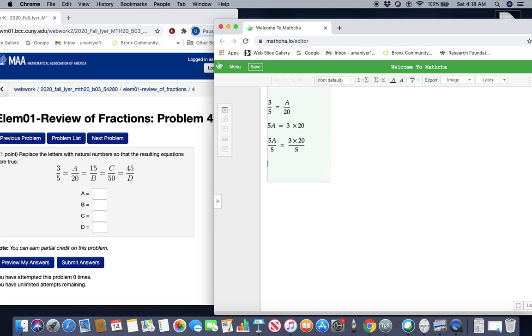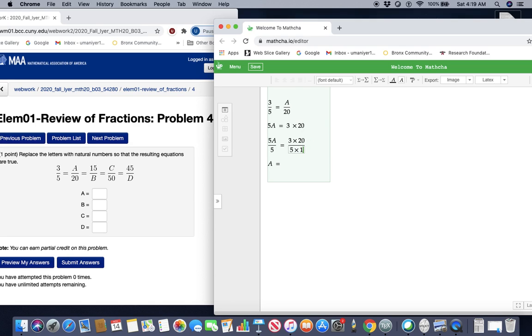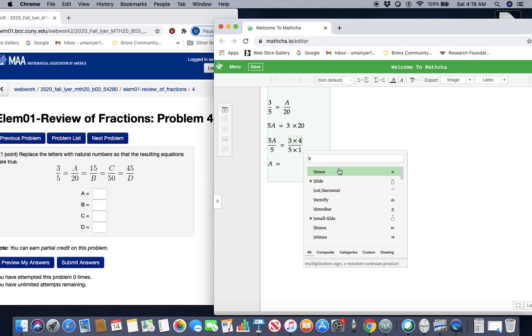Now we can start reducing. 5 cancels 5, and you have a on the left. 5 reduces 20, since 5 times 1 is 5 and 20 is 4 times 5.